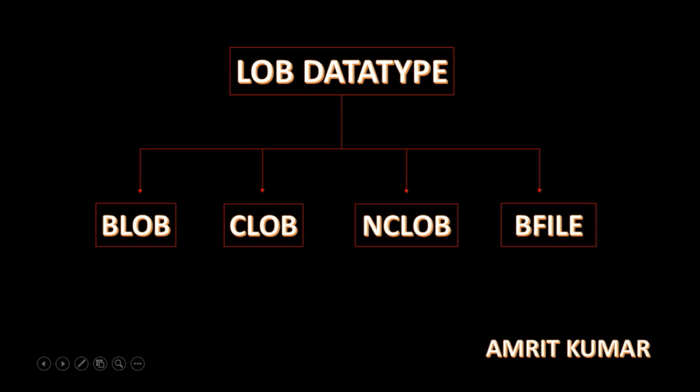In this video we will study all four LOB data types. Moving on to the first topic, BLOB: how it works in Oracle, what is stored, and what is the maximum size. We will learn all these things one by one.